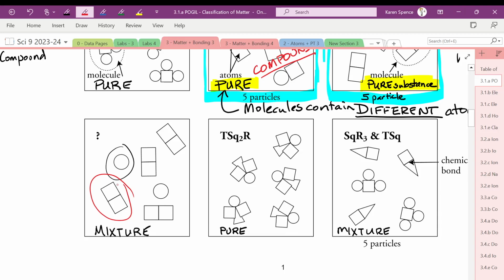Are those two substances elements, compounds? Is there one of each? What do we have a mixture of? It's a mixture of element A and what could we call this one? Element B. So it's a mixture of 2 elements.